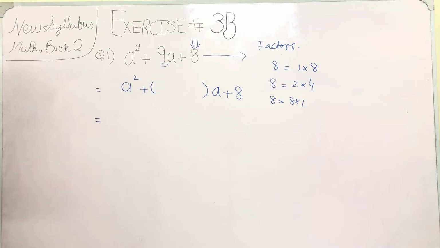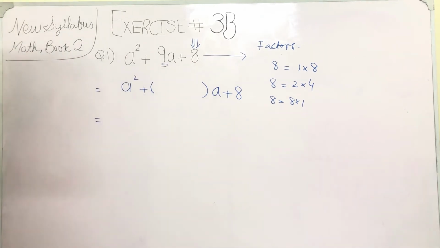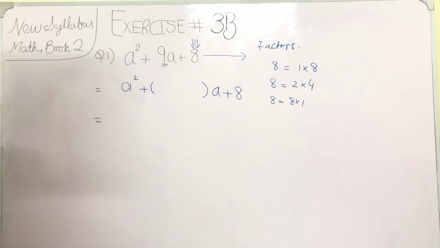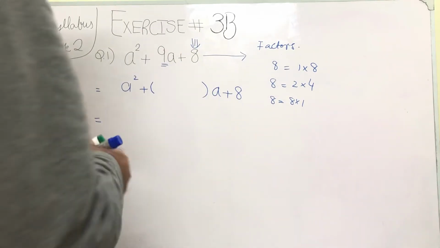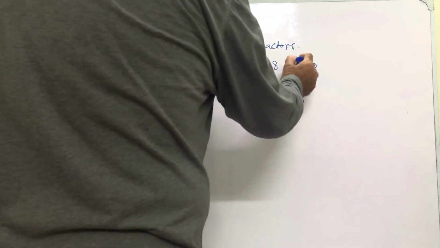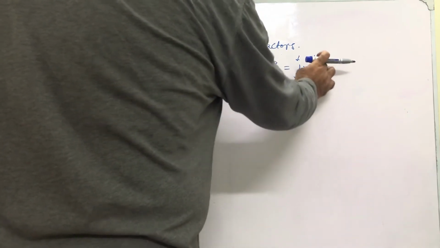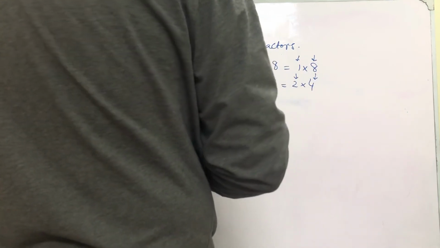This was the second thing, that we need to make the factors of this constant which has no variable attached. Now we have made the factors. What to do with the factors? Now these are the pairs, this and this, this and this. This and this are the same, so no need to write this. So it has only 2 factors.